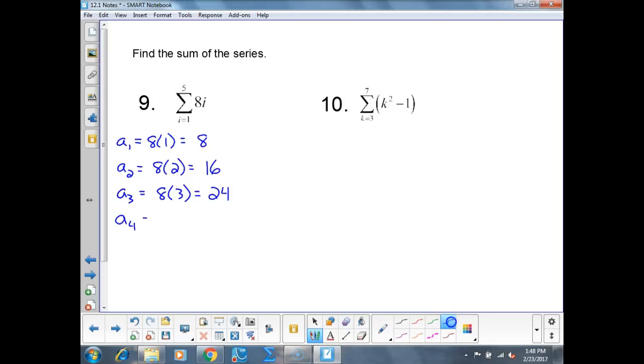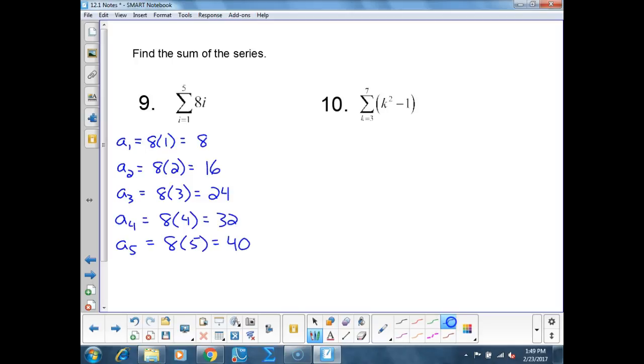My fourth term, I'm going to plug in 4. I'm going to get 32. My fifth term, I'm going to plug in 5 and I'm going to get 40. My sixth term, I'm going to plug in... why? Because it only goes to 5. I've got a hard cap at 5, so I stop right there.